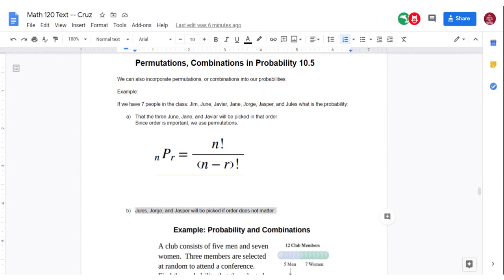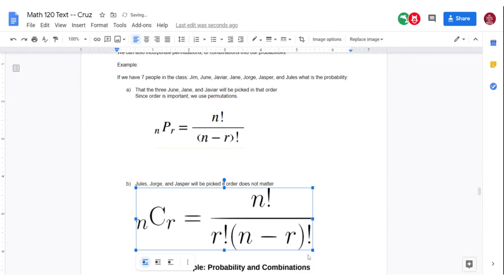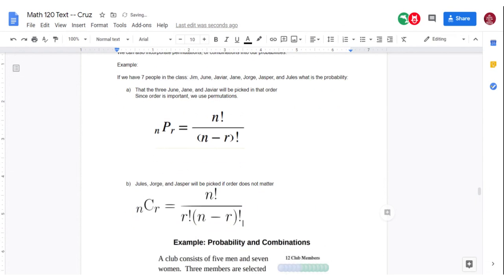So let's see if I can find one real quick. Rather than scroll back up and show it to you, I'll get one that looks like ours. All right.